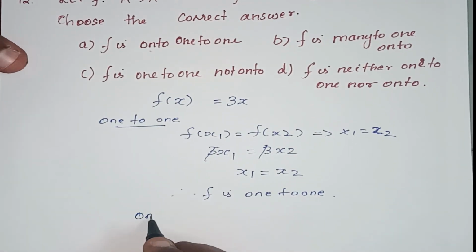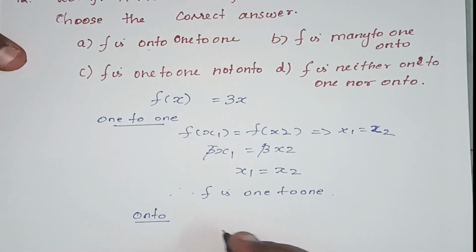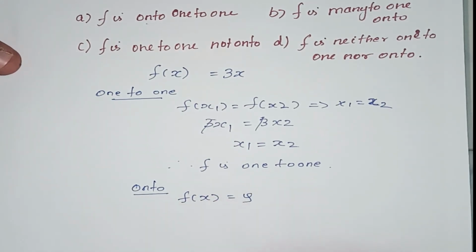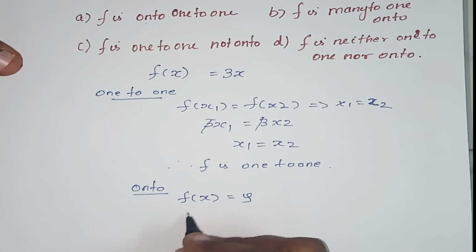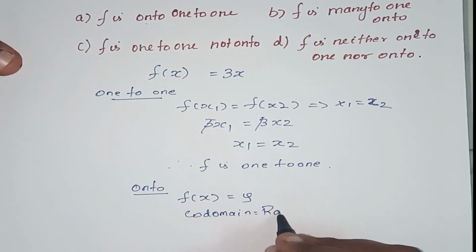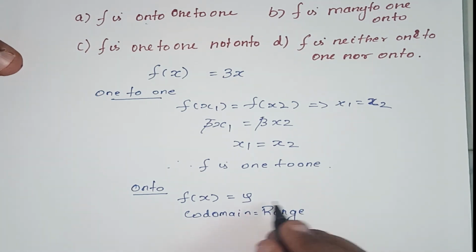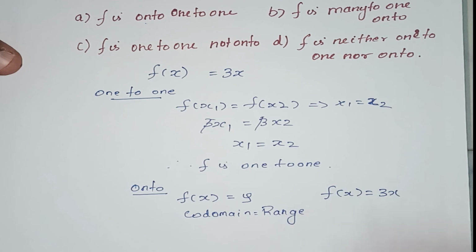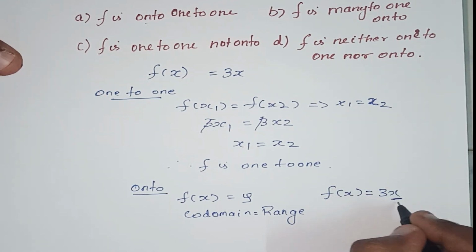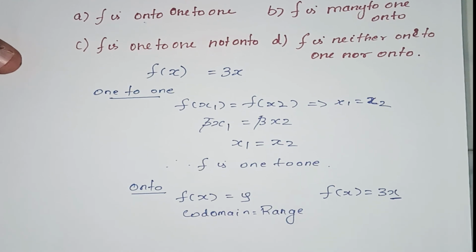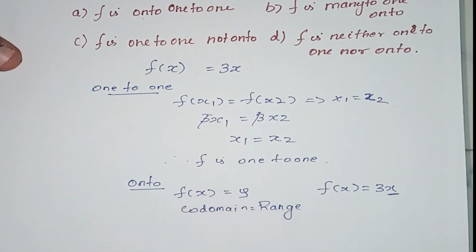Next we need to check onto. For onto, we need to satisfy f of x is equal to y, which means codomain is equal to range. If we calculate the range of this function f of x is equal to 3x, the x values are all real numbers, so it goes on to infinity. So we can't find the range, and we need to prove f of x is equal to y.